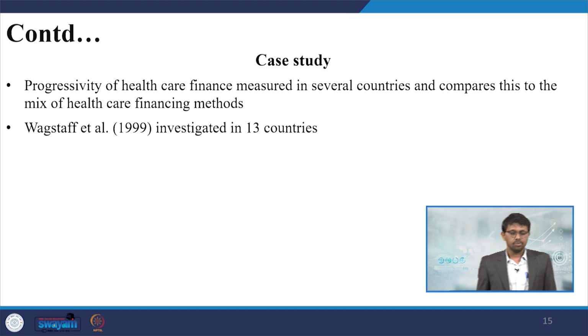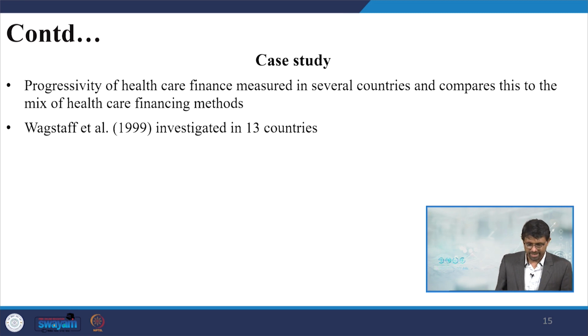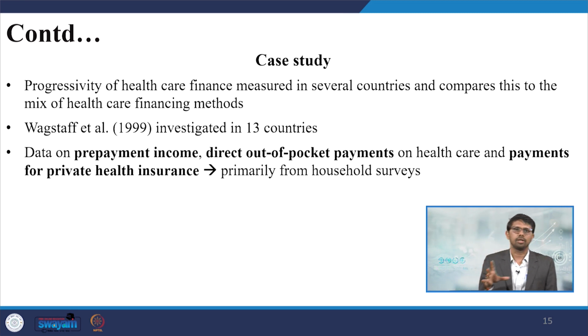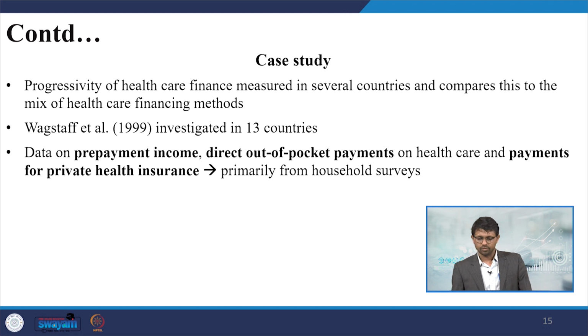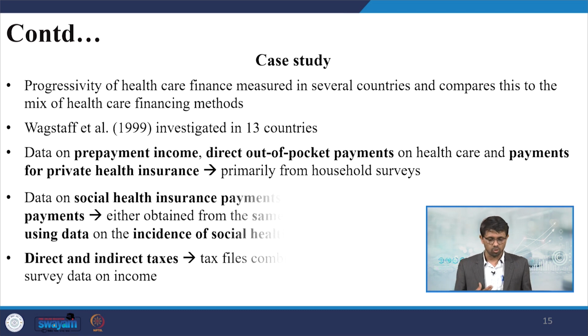So, one case study we are presenting in front of you just to understand the concept of progressive or regressive structure, and you can also understand which country follows which type of financing methods. The Wagstaff et al. 1999 paper presents estimations based on 13 countries, and the data they collected covers income, direct out of pocket payments on healthcare and payments for private health insurance, primarily taken from household surveys.